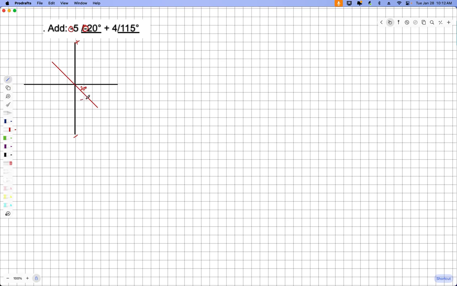Now, if this is negative 5, this is telling me I need to go to the other side. So then this would be 20 degrees and this would be a positive 5 because think of the center of this as the origin. Think of this as the center of the number line. Okay? On a regular number line, if I wanted the opposite of 1, 2, 3, 4, 5, right?